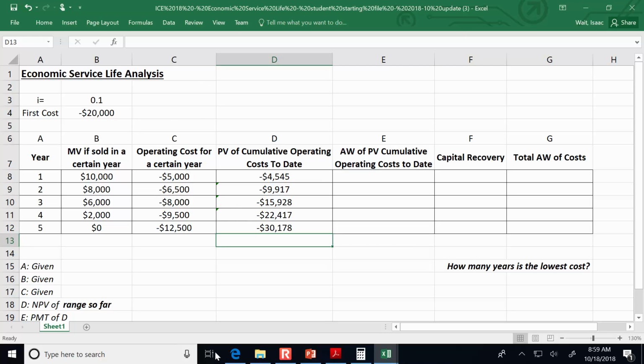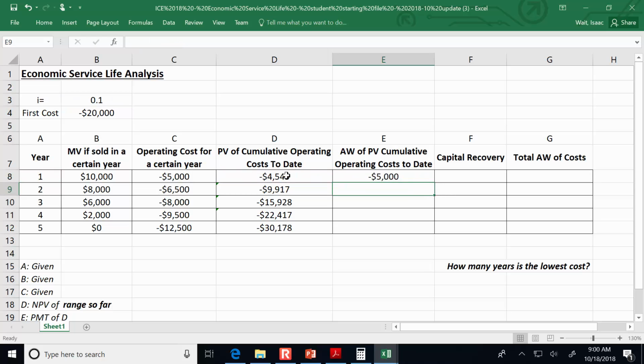You'll notice it says that we're doing the payment function, PMT. So equals PMT, the rate 10%, the N is going to be whatever row we're on, and the present value, we have to use the opposite sign of the present value.